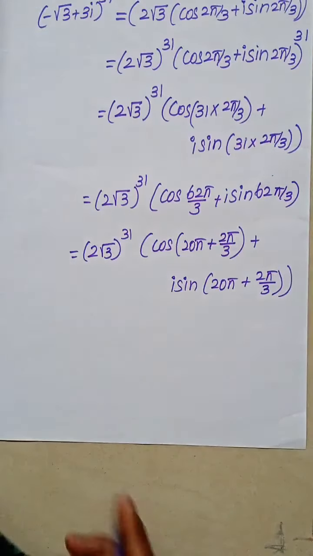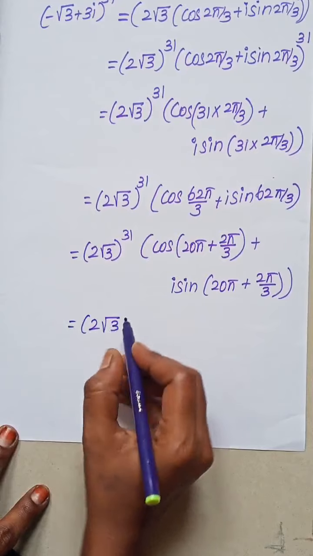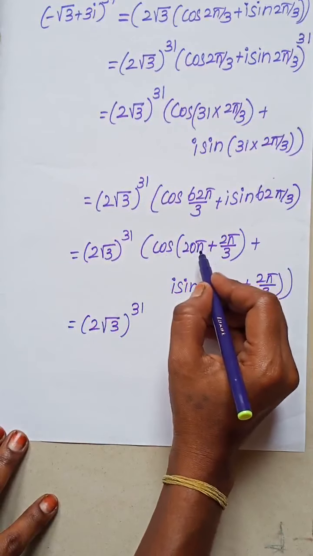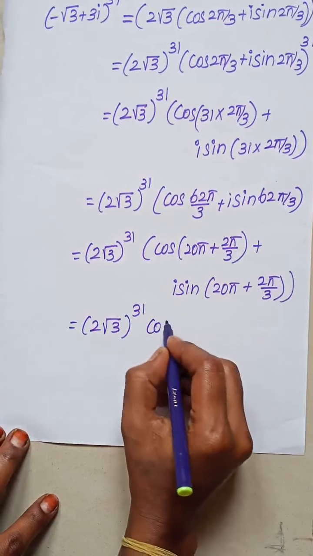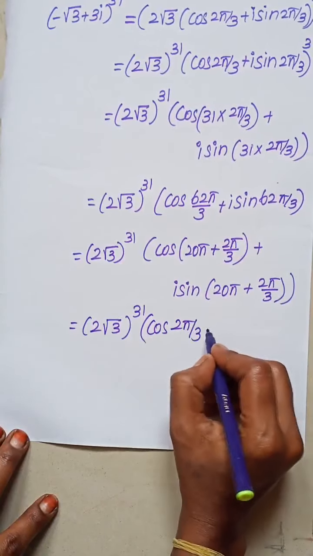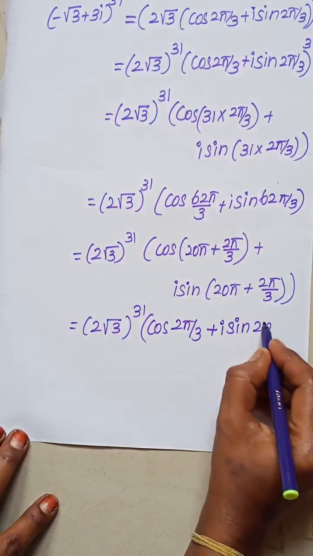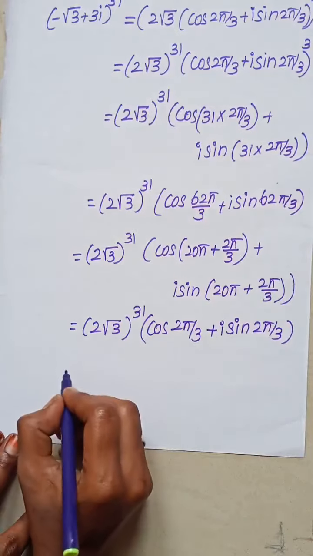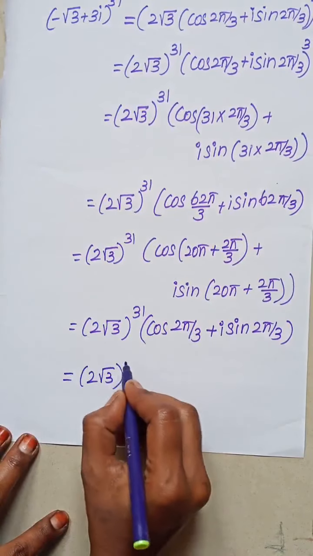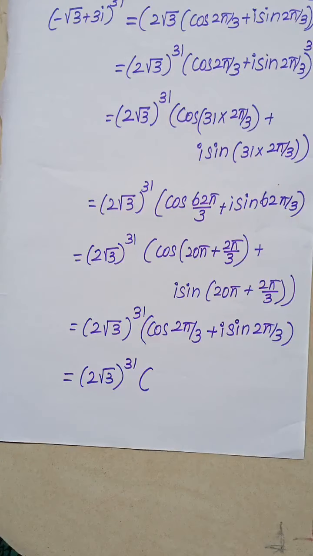Now see. 2 into root 3 the whole power 31, cos of 20 pi plus theta is cos theta, where theta is 2 pi by 3, plus I sin 2 pi by 3, which is equal to 2 into root 3 the whole power 31 into cos 2 pi by 3 values.